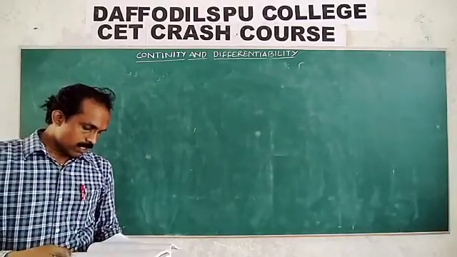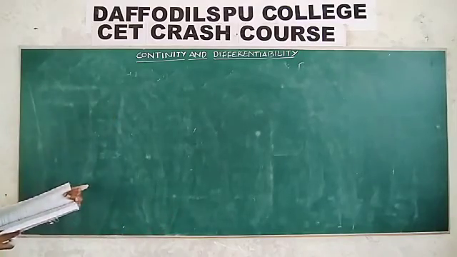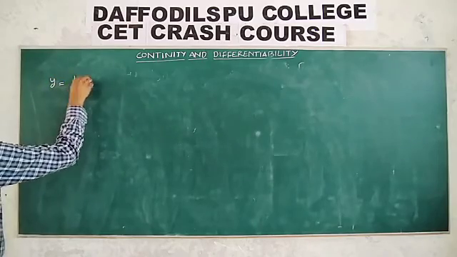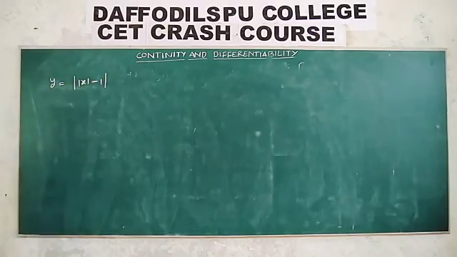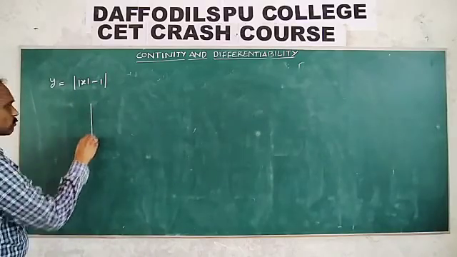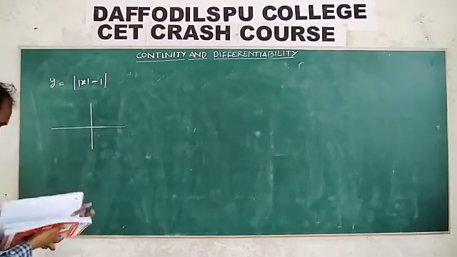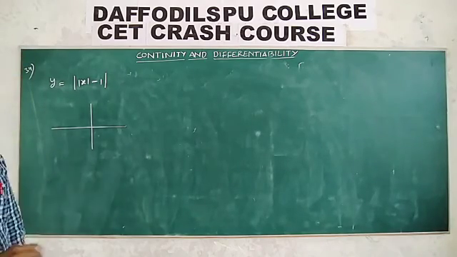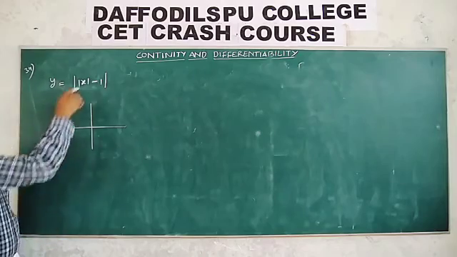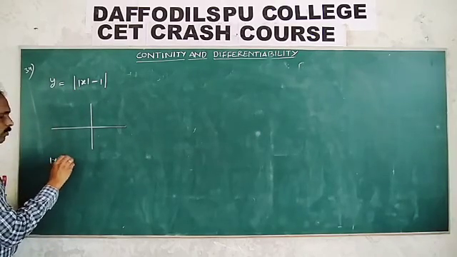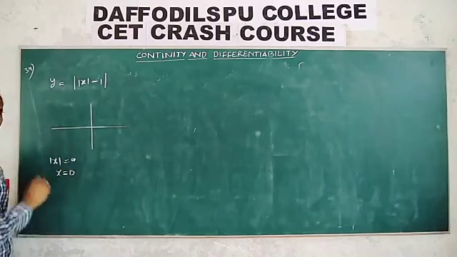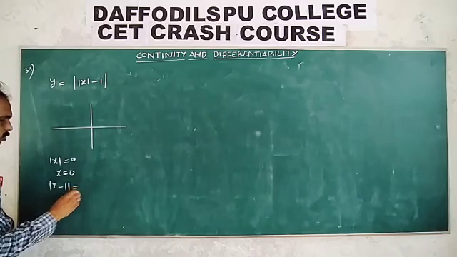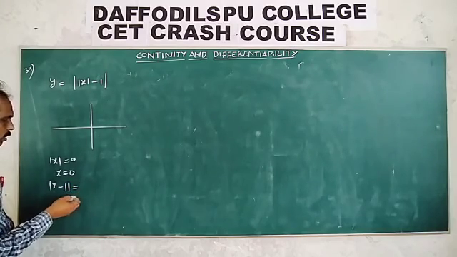34. The function given by y is equal to mod of mod x minus 1, this one. For mod x, we will get the value equal to 0, that implies x equal to 0. And for this, mod x minus 1 equal to 0, what is the value?